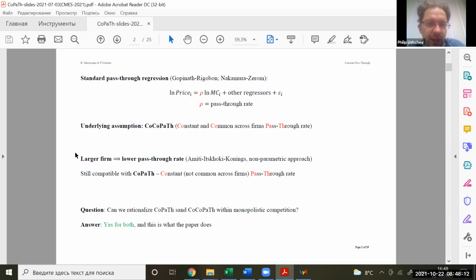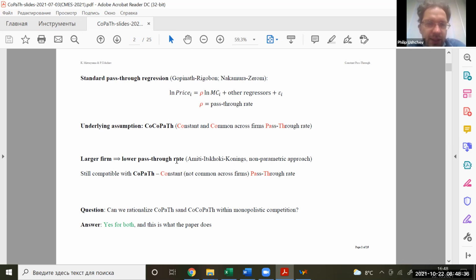However, there is empirical evidence that larger firms, in fact, have lower pass-through rates, in recent papers by Amiti, Itskhoki, and Konings and some other authors. They use a non-parametric approach to capture this, and they microfound it by assuming that larger firms are strategic and granular.